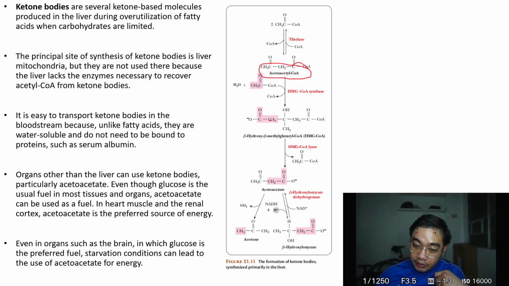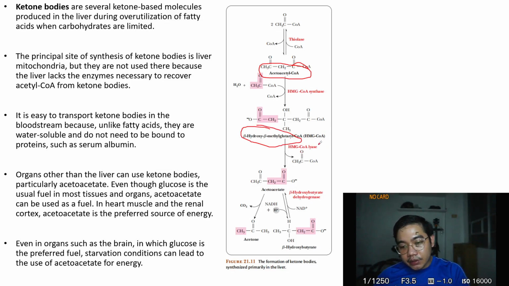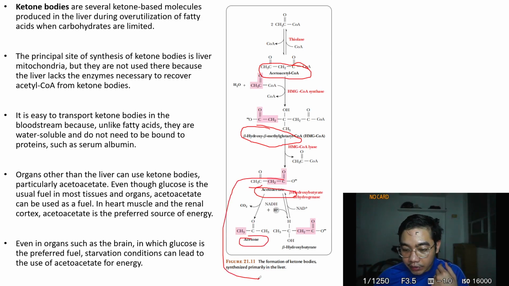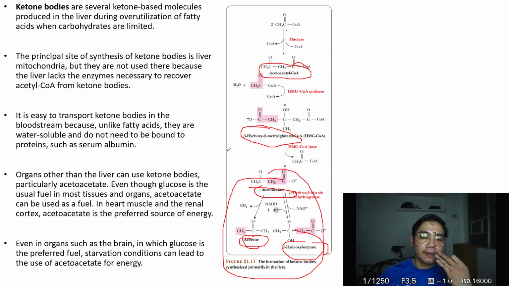These are your acetoacetyl, beta-hydroxybutyric acid, or your beta-hydroxymethyl glutaryl CoA, also your acetoacetate, acetone. These are your ketone bodies: your acetoacetate, acetone, and beta-hydroxybutyrate.